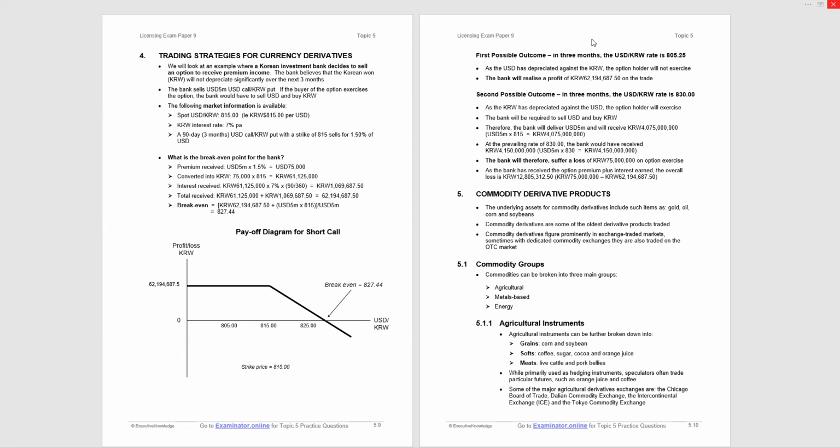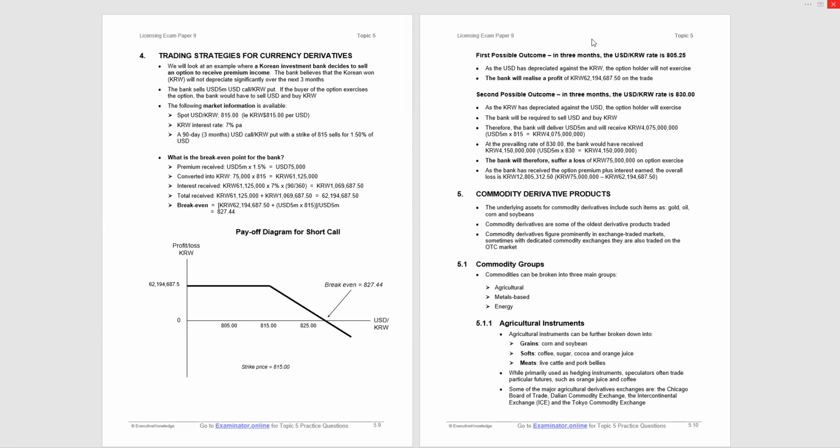Following market information available, the spot is 815 won per US dollar. The Korean interest rate is 7% and the 90-day US dollar call won put with the strike price of 815 sells for 1.5% of the US dollar. What's the break-even point for the bank? Now, the break-even point will be the premium received of 75,000 US dollars plus the interest received on putting that money on deposit.